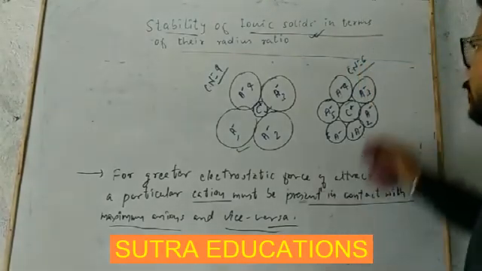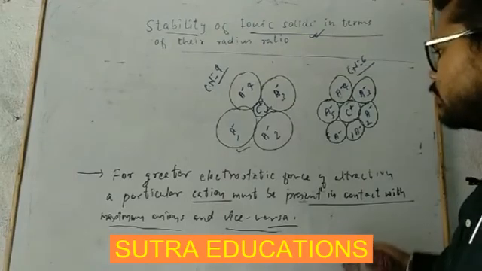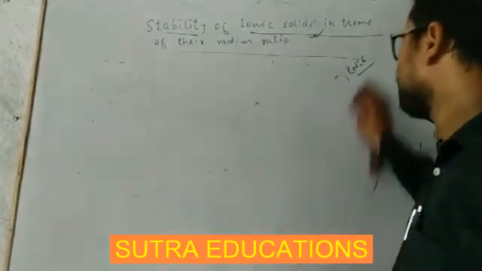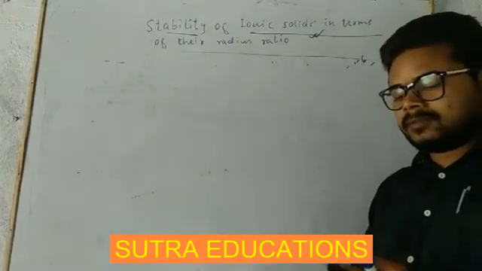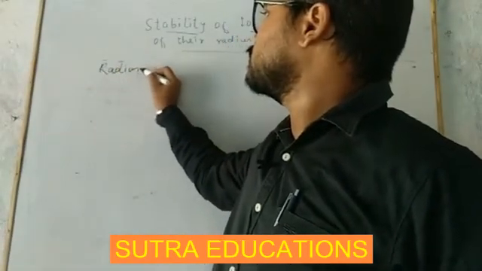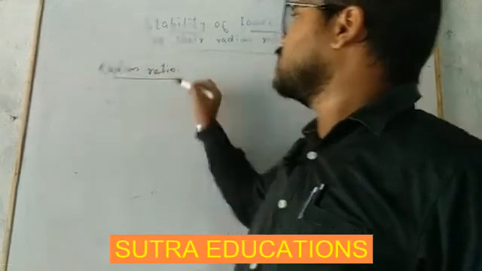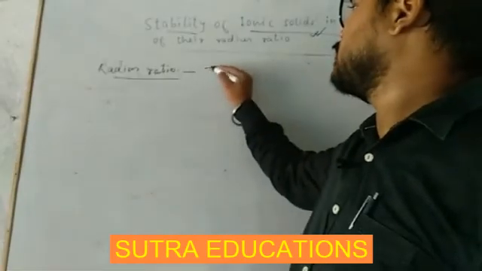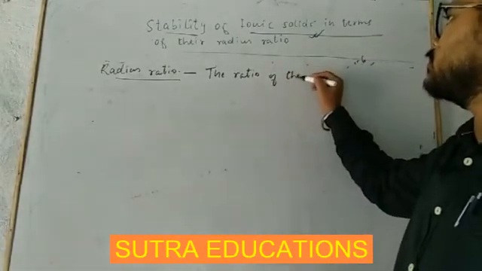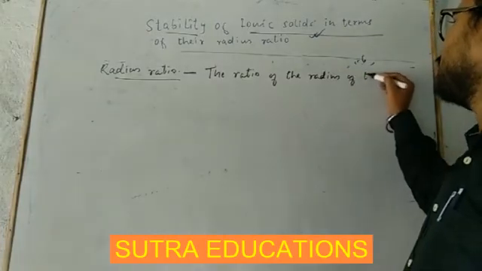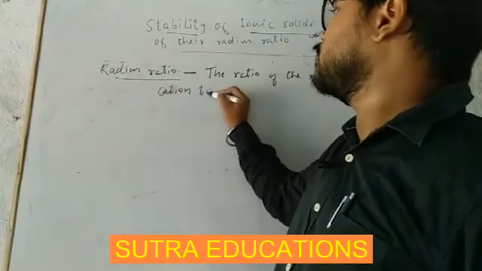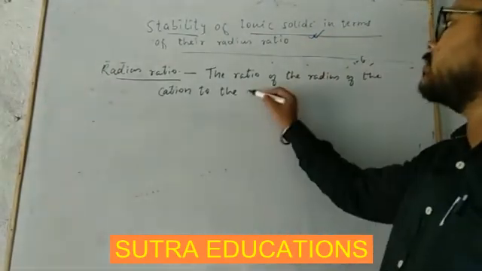So one term that is known as radius ratio is defined in this context, and it is defined as the ratio of the radius of the cation to the radius of the anion.